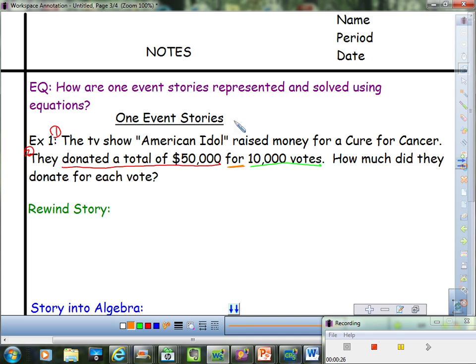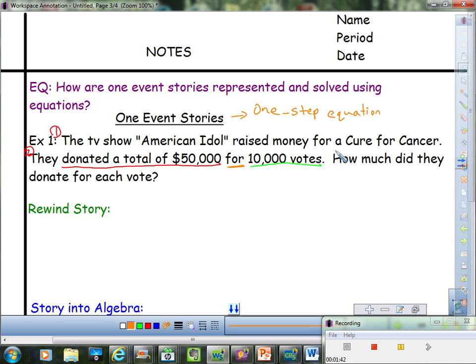Okay? Go ahead and add this. One event story is the same thing as a one-step equation. So if you remember one-step equations from last year, all it means is it has one event that happened. In this story, there's a donation. Boom, one event. All right?